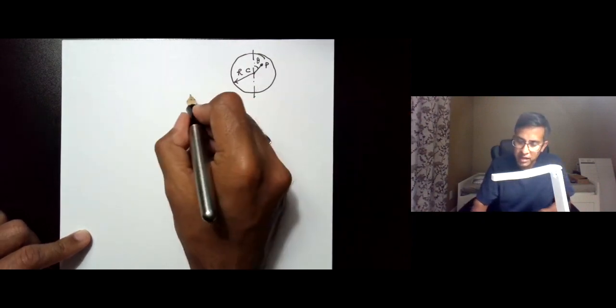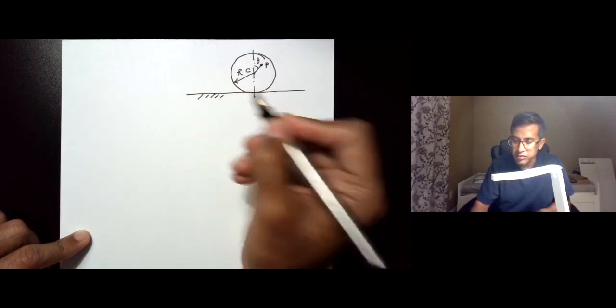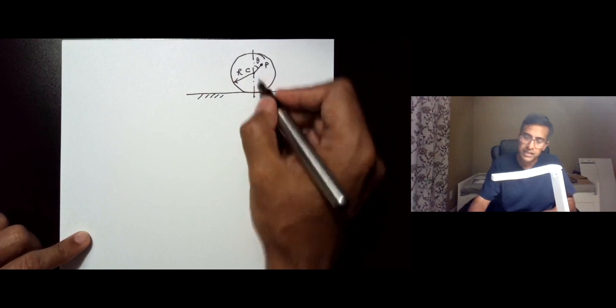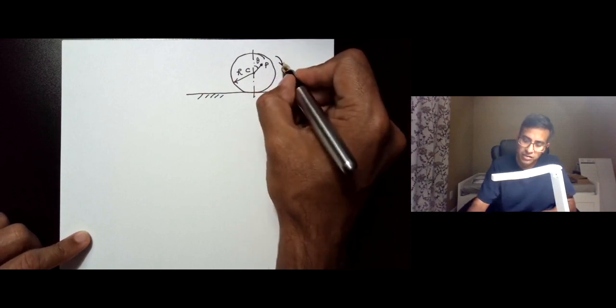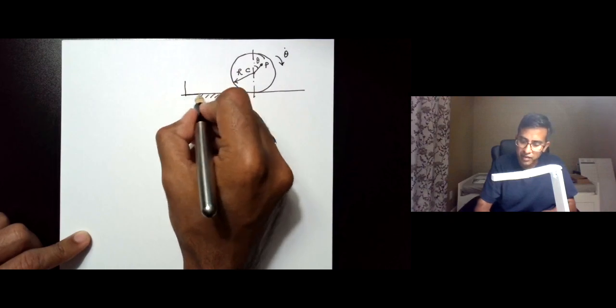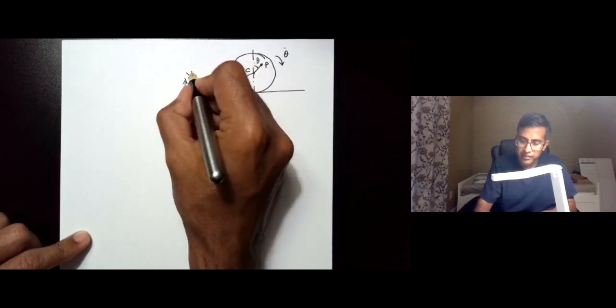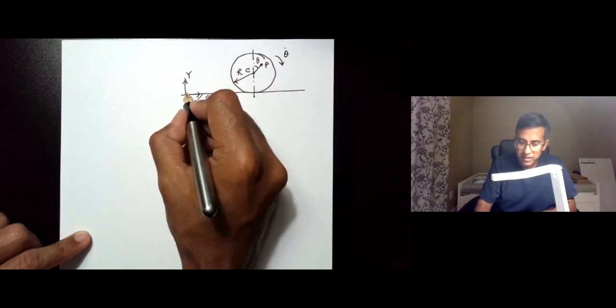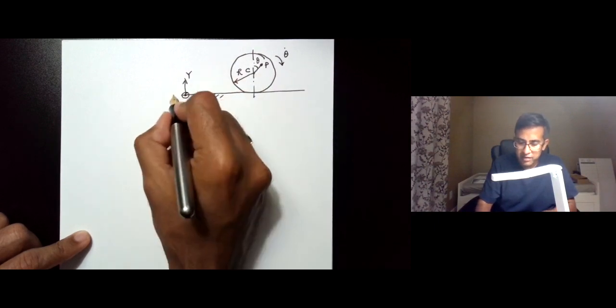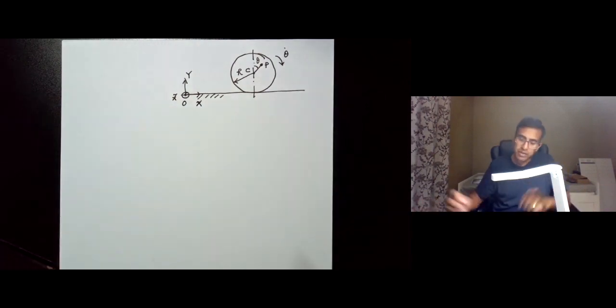through the center, and the disk has a motion which involves a translation of C as well as a rotation. So the rotational speed is theta dot, and we have selected our x, y, z frame like this, with the origin O shown here.